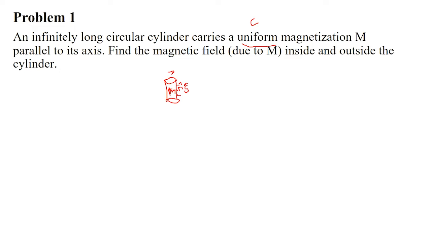I can show this in a loop diagram. This is the cylinder with the axis parallel, and on the outside N cap is equal to S cap, as I have drawn. For the first step, we have to find the volume current JB.